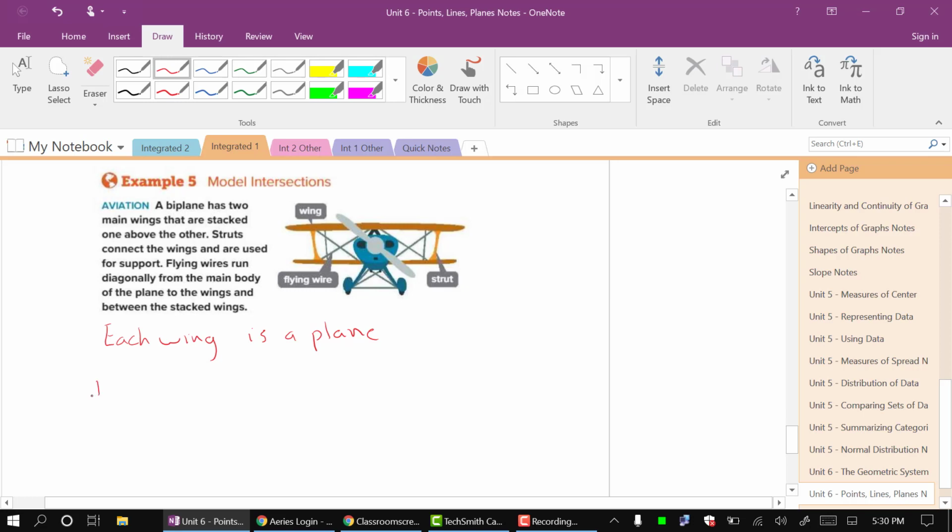The struts intersect between the two wings, and they intersect at a point. So the intersection of struts and wing is a point.